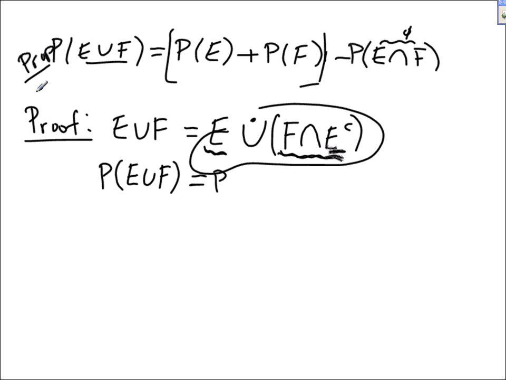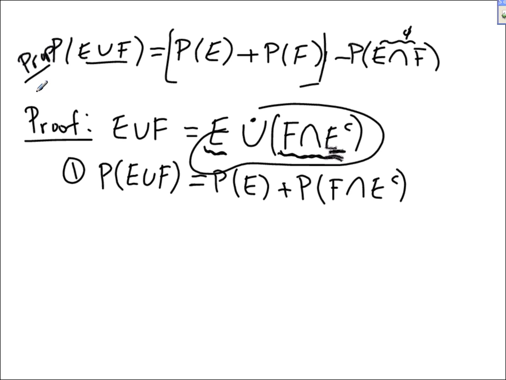But since the right side is a union of mutually exclusive sets, I can take the probability of the first set plus the probability of the second set. Now, let us call this equation number 1.